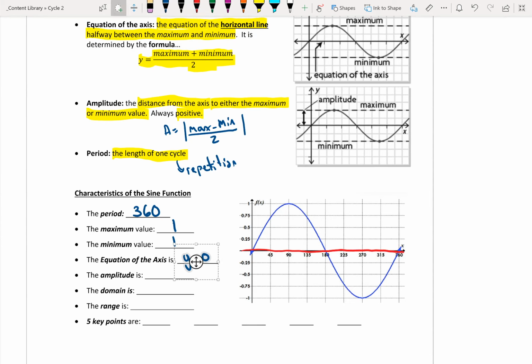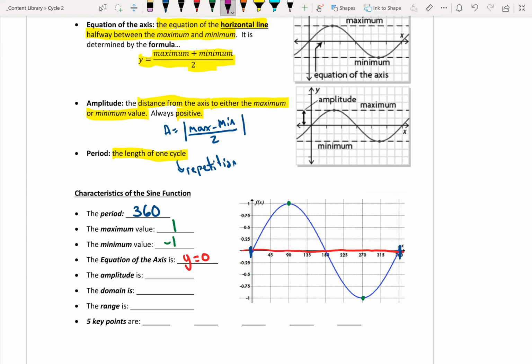Remember, that's the horizontal line that goes through. Let's color coordinate everything. That's the horizontal line that goes through. We have our maximum at 1, our minimum at -1. And our period goes from here all the way to here.